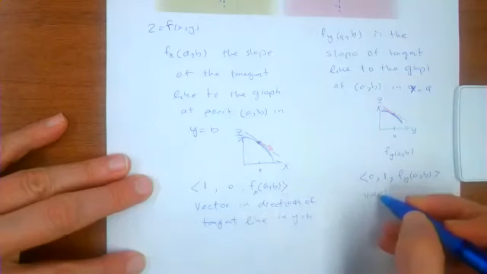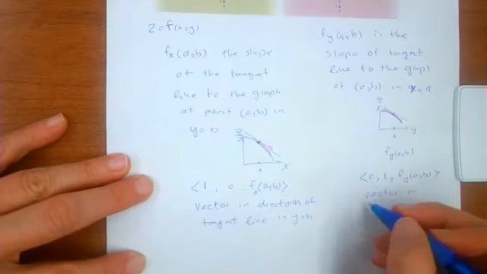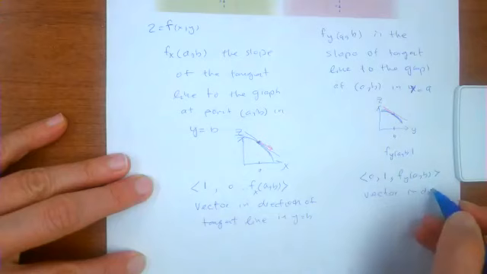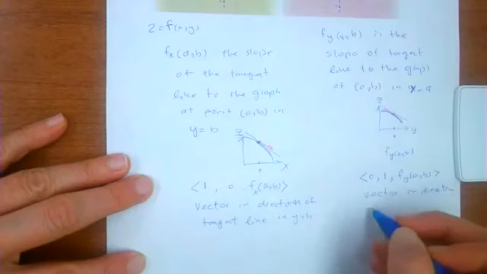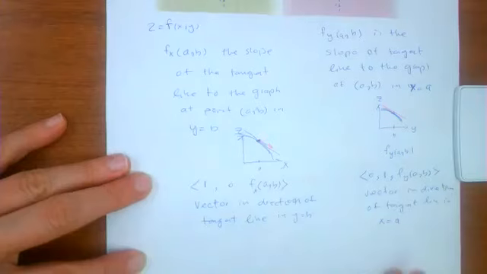That's the vector in the direction, or a directional vector, of the tangent line in x equal to a.